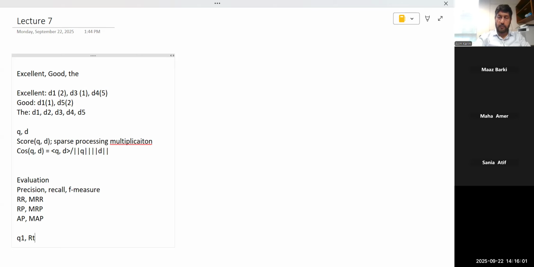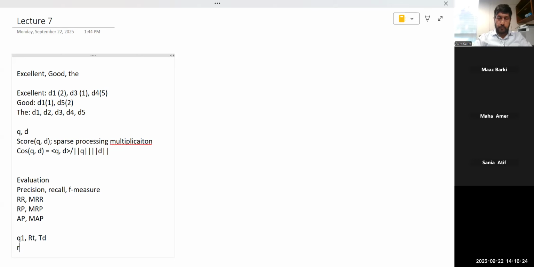RT is the relevant set of documents, which is the gold truth, and RD is the retrieved set of documents, which is output by the IR system. And this RD is usually ranked because the scoring system would help you rank the documents. The highest score would be number one, second highest score number two.